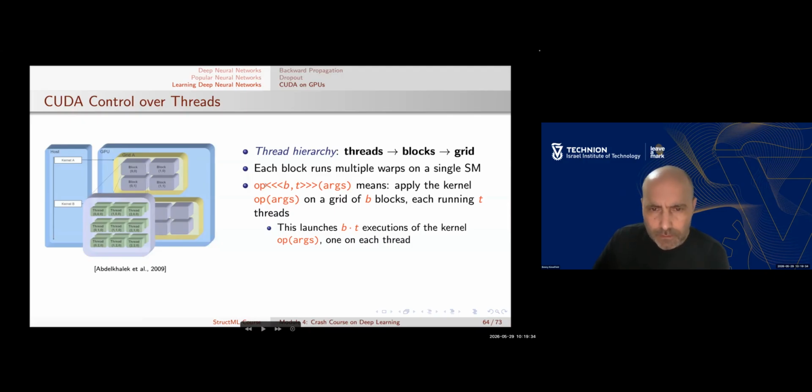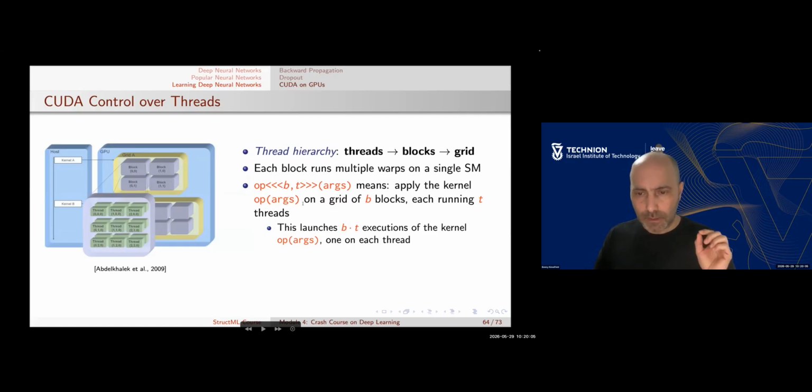But it also has these B and T inside this syntax, which basically says we're going to run this task, op args, on B blocks, each running T threads. So this operation, op B T args, basically says run op args on B times T threads.